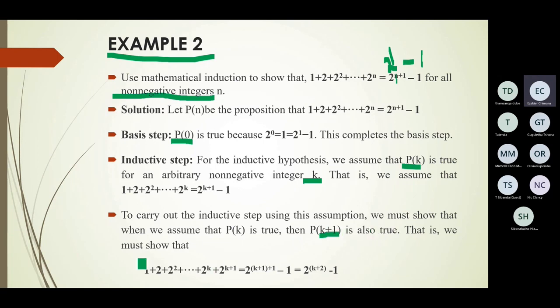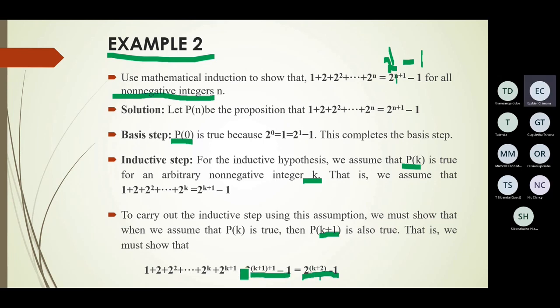That is, we must show that 1 plus 2 plus 2 squared plus 2 to the power k, which is the hypothesis step, plus 2 to the power k plus 1, we add 2 to the power k plus 1 for the next integer, must also be equal to, where n is replaced by k plus 1, 2 to the power k plus 1 plus 1, which is 2 to the power k plus 2 here. This one will be equal to this one.